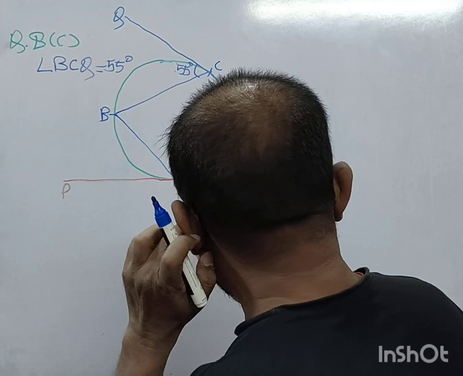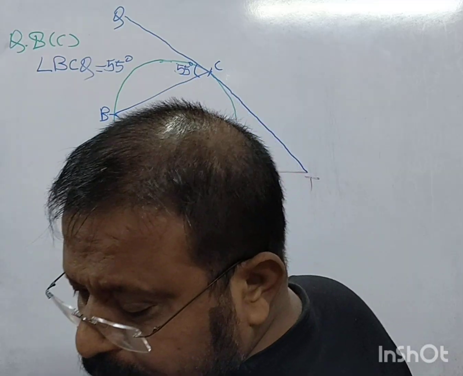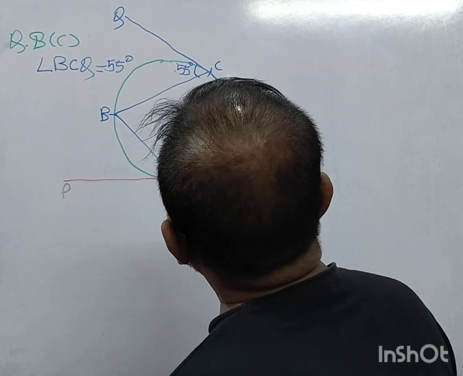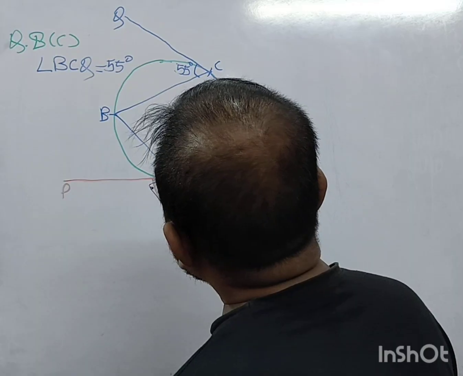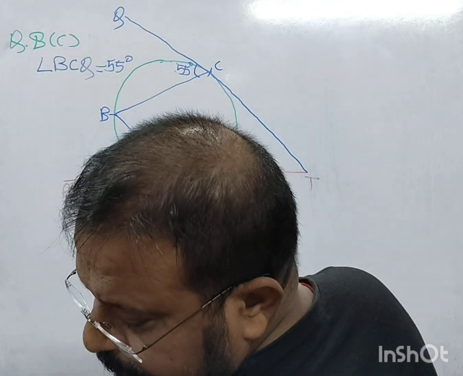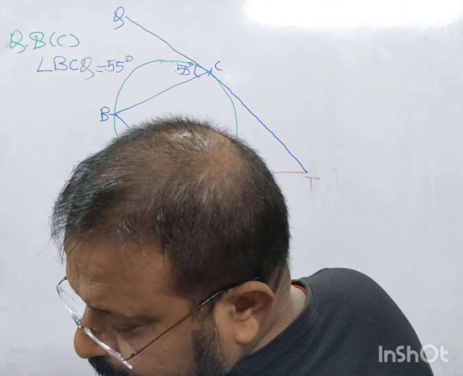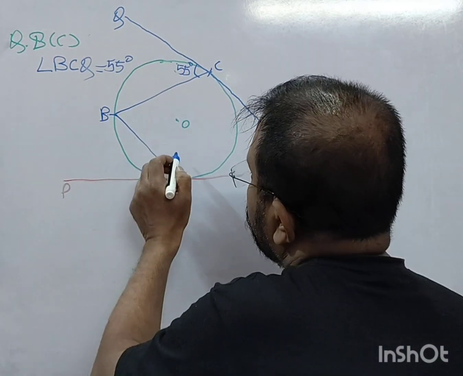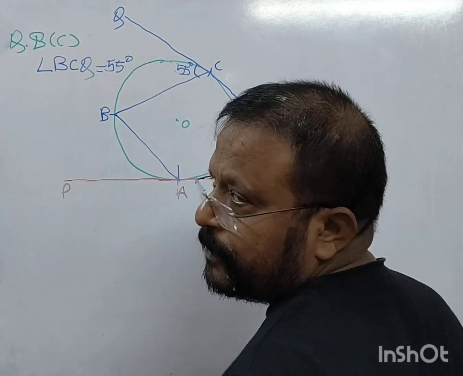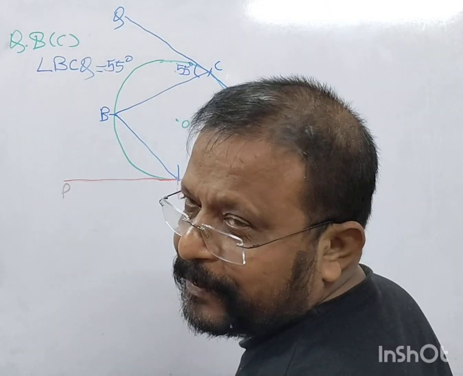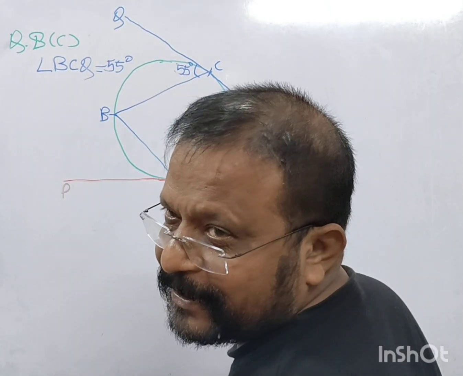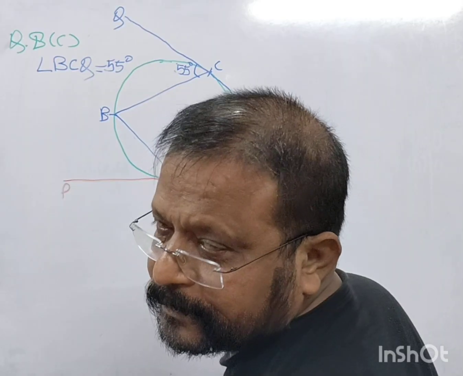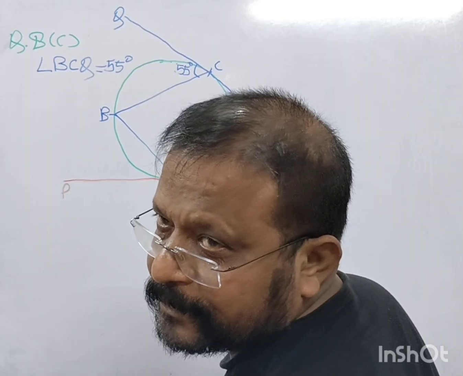So this is of 55. But the point is that line from center to the common point on tangent is perpendicular. But here it is not like that.